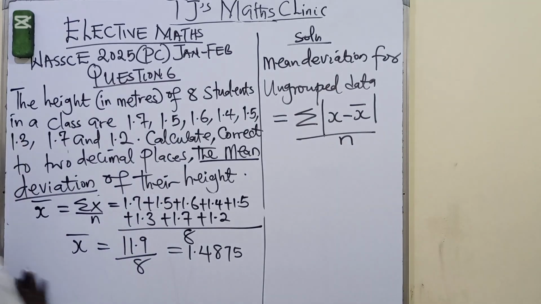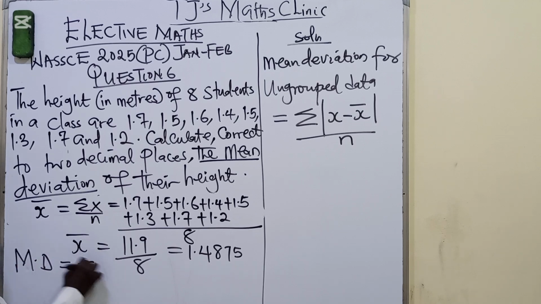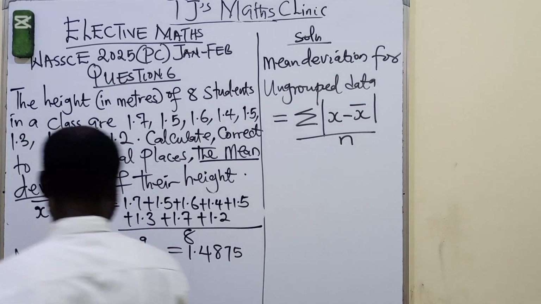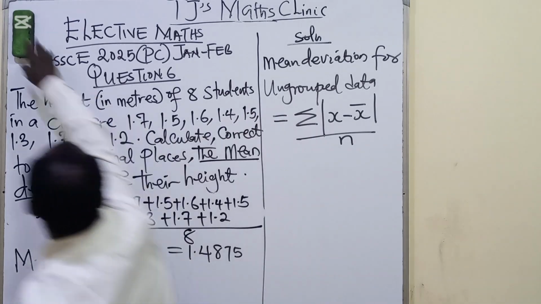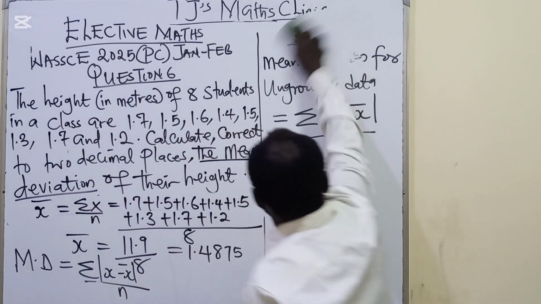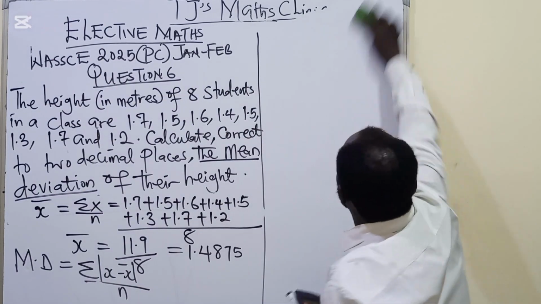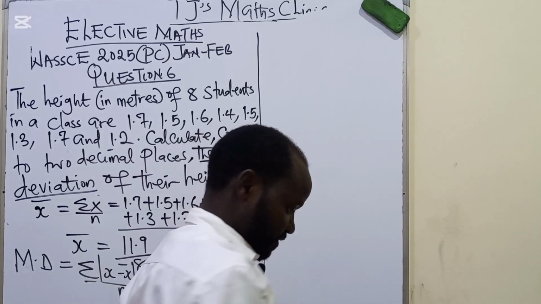Let me write this formula here to minimize our space. The mean deviation, MD, is the summation of the absolute value of x minus x bar divided by n. M for mean, D for deviation. This is the formula we are to use. Let's tabulate it here so that we have enough space.